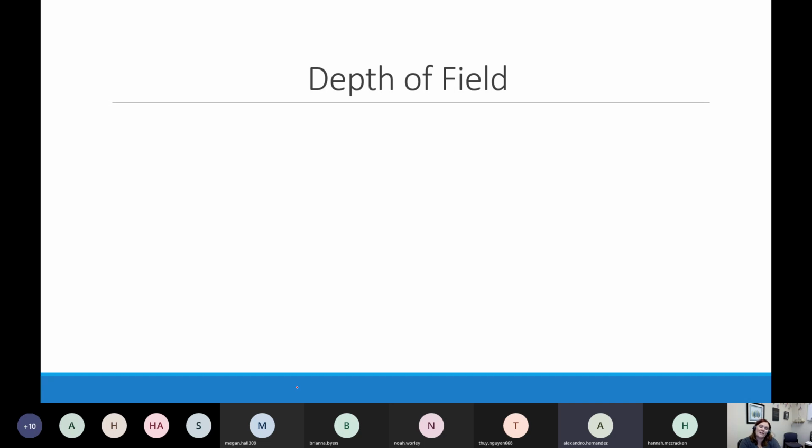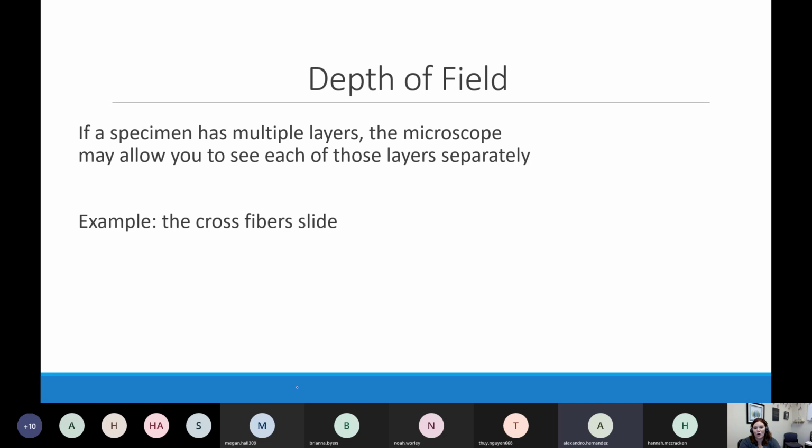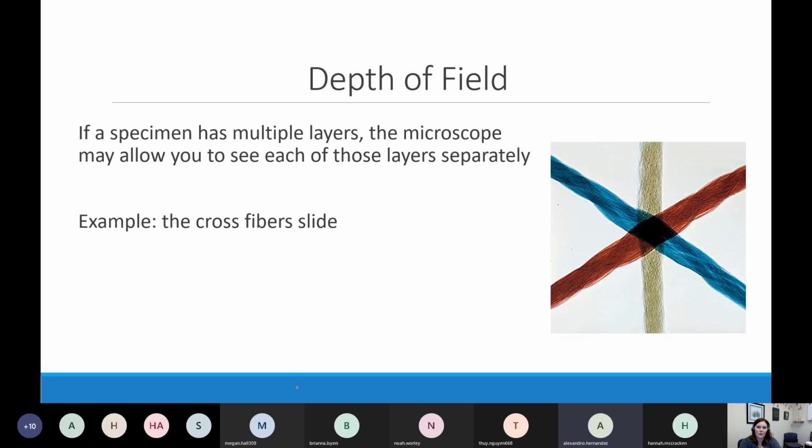When we're looking at slides, there's an important idea for us to consider called depth of field. So every slide that you put on your microscope has a 3D amount of tissue inside of it. And a good way to think about things as 3D, we have a slide in our lab that literally has 3 little threads stacked on top of it.